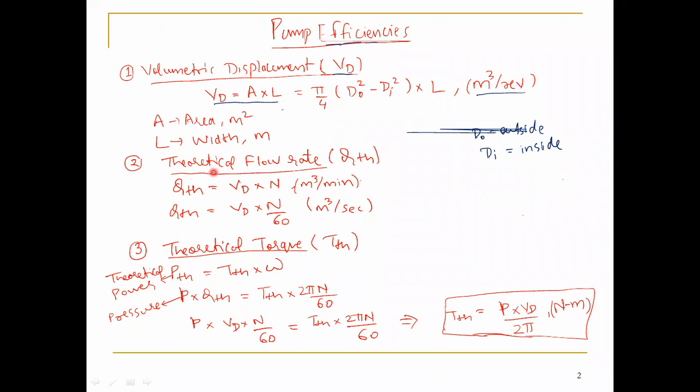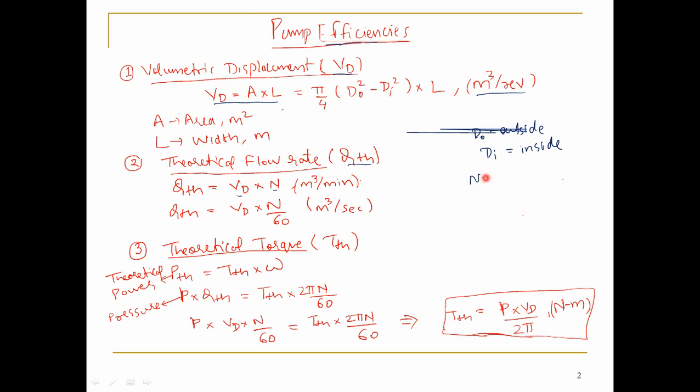Then the second important thing you should know is the QTH, that is theoretical flow rate. I can calculate it by using the volumetric displacement, that is Vd into N. If I directly write Vd into N, I will get the value in terms of meter cube per minute. Why?